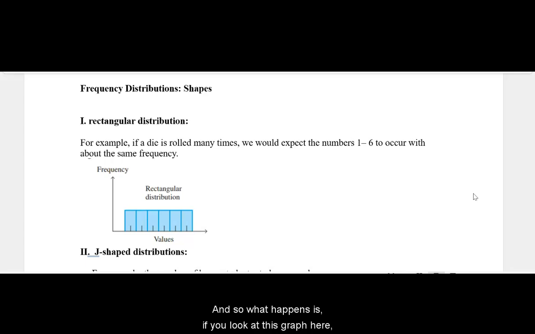And so if you look at this graph here, this is our rectangular distribution, and you can see the shape that it's starting to take. And that shape right here, would that be that of a, well, rectangle, right? Hence the name rectangular distribution. I'll just pencil this in here.